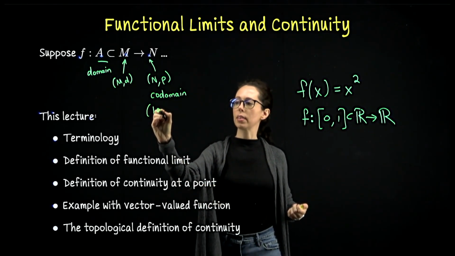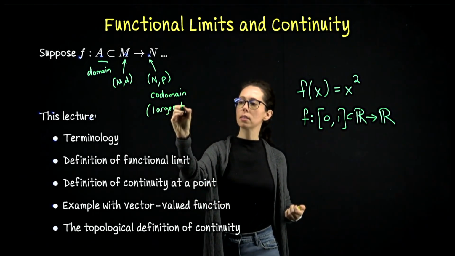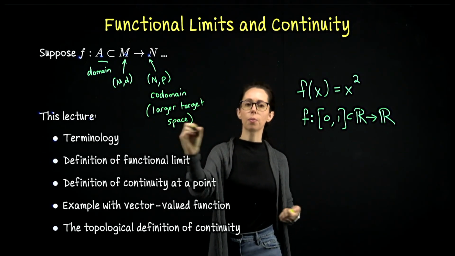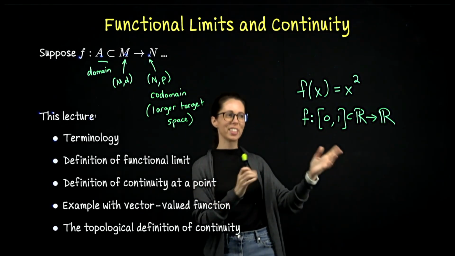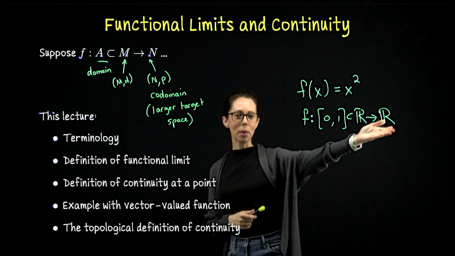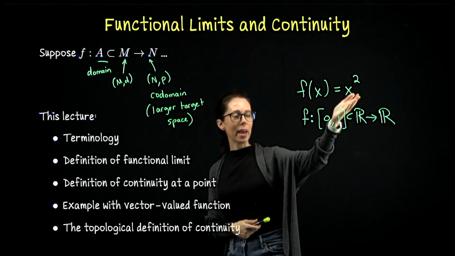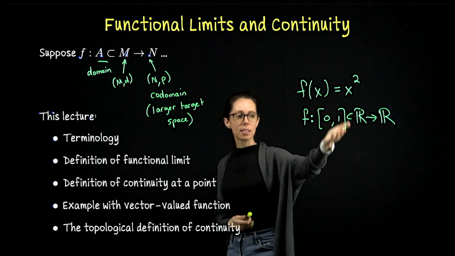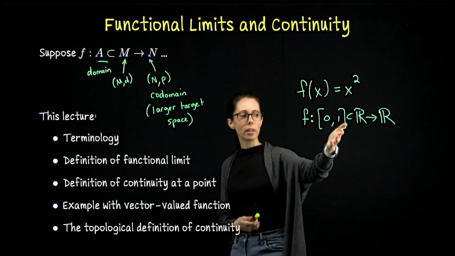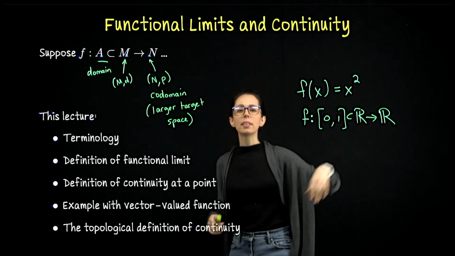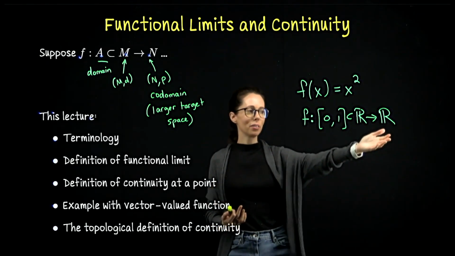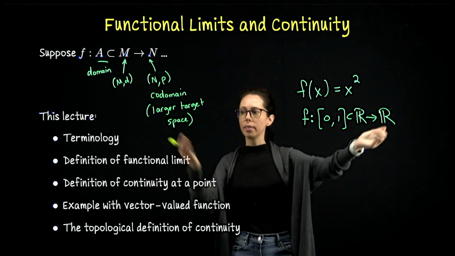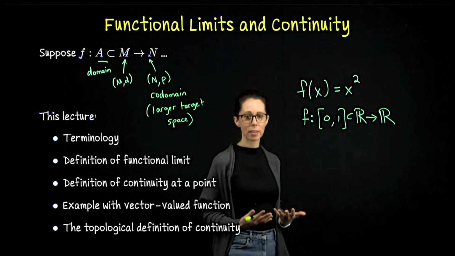Sometimes I think of this as a larger target space that we are mapping into. To return to this example, the codomain is R because all of my outputs from my function are real numbers. So f sends the closed bounded interval from 0 to 1 to R, but it doesn't land on every real number. The true set of outputs from my function is not the real number line. The codomain is this larger target space.